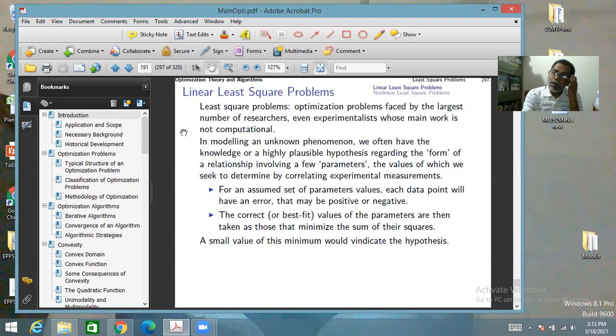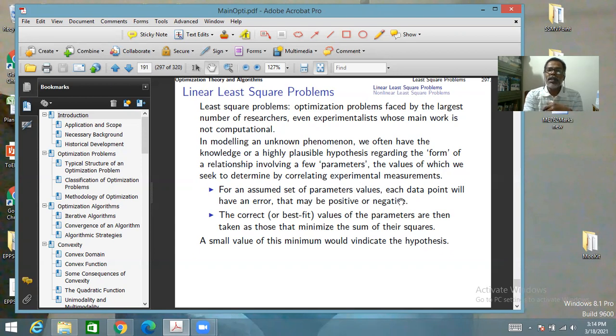And the way to determine that, there can be several possible ways. The simplest and the most prevalent way is this: from your model with assumed values of the parameters, you can determine the value of the function as it would be if the model and the parameters were correct. And from the experiment, you have another value. So you subtract and get the error.